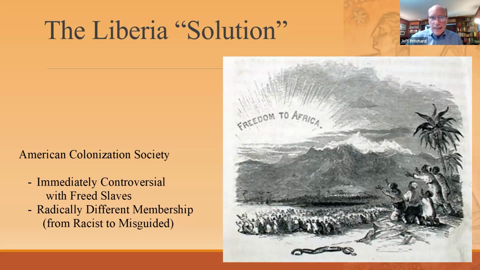Now, as you can imagine, this was controversial right from the start, particularly with freed slaves. For many of them, America had become their home. And for those who'd been here for any length of time, their memories of Africa were very distant. And very few of them had any ties to that tiny spot of land on the western coast of Africa, of Liberia.